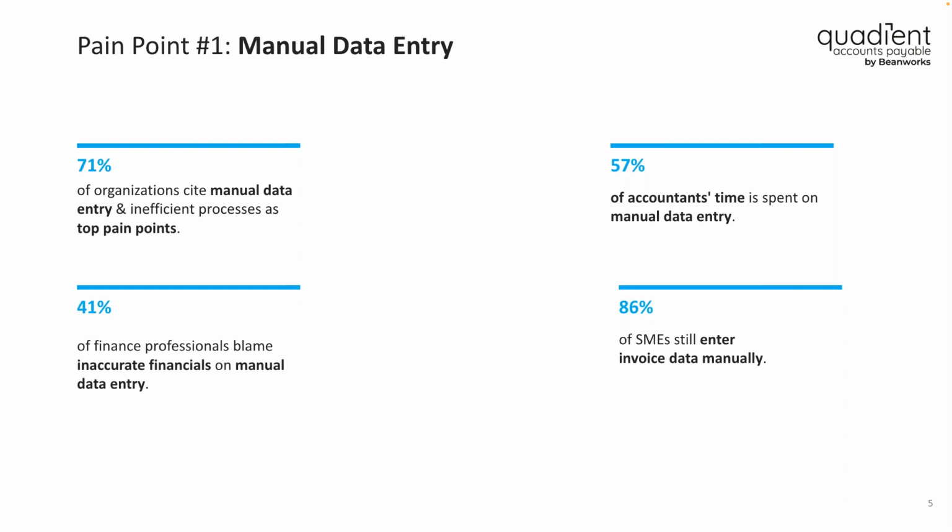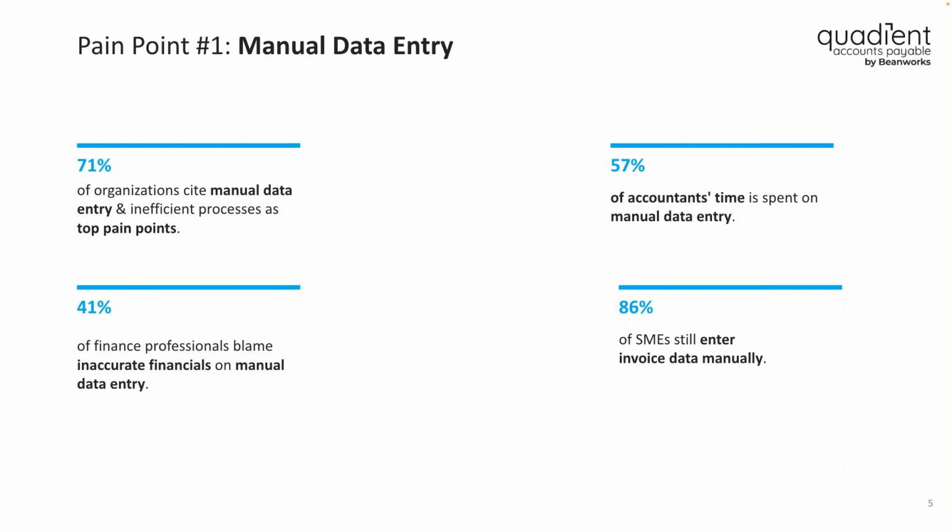But why is it such a pain point? Well, a lot of finance professionals are making important business decisions based on inaccurate financials. According to the Blackline research, an incredible 41% of finance pros blame manual data entry for those dodgy numbers.